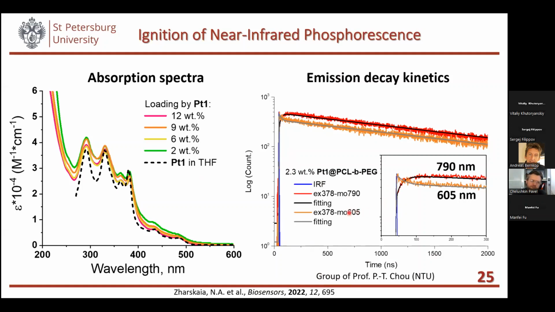So this means that our platinum-1 complexes form aggregates inside the micelle cores, and then the single platinum-1 molecules absorb the light, and then they form excimers, and you can see that excimer emission grows during the time, and excimers do emit the phosphorescence.